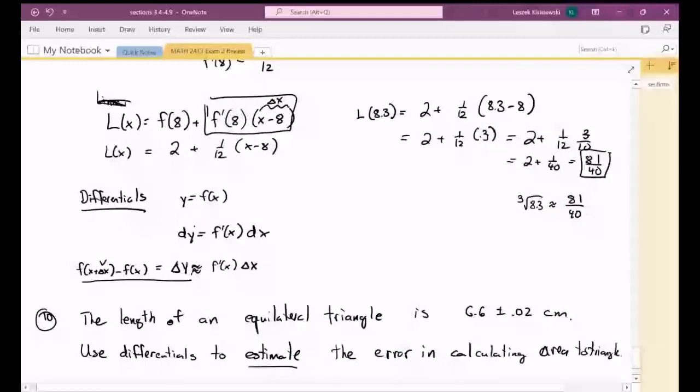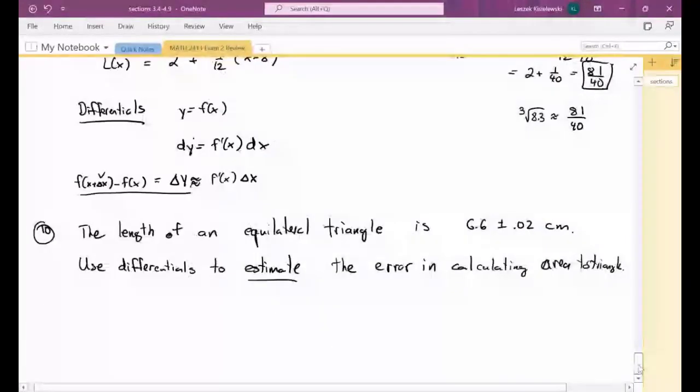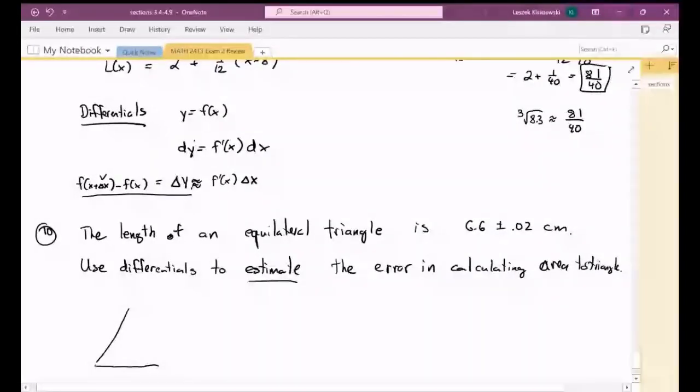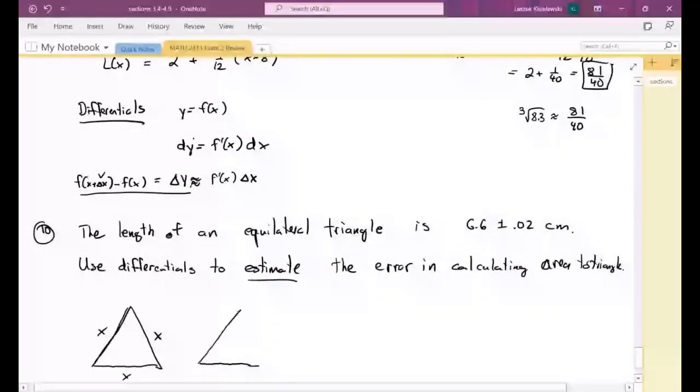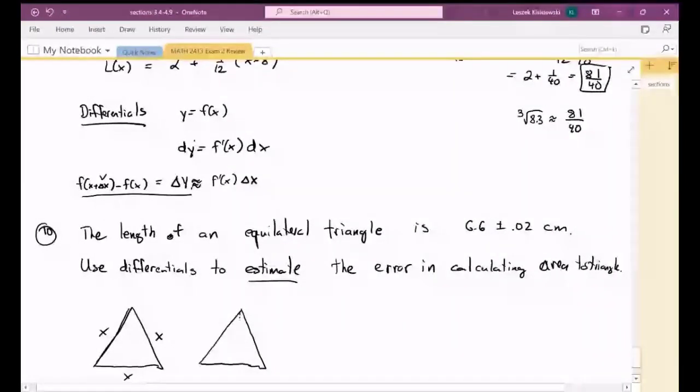By the way, if you have an equilateral triangle, let's maybe label the sides length x. What's the formula for the area of that triangle? Or how would you remember it? You drop a perpendicular, right?